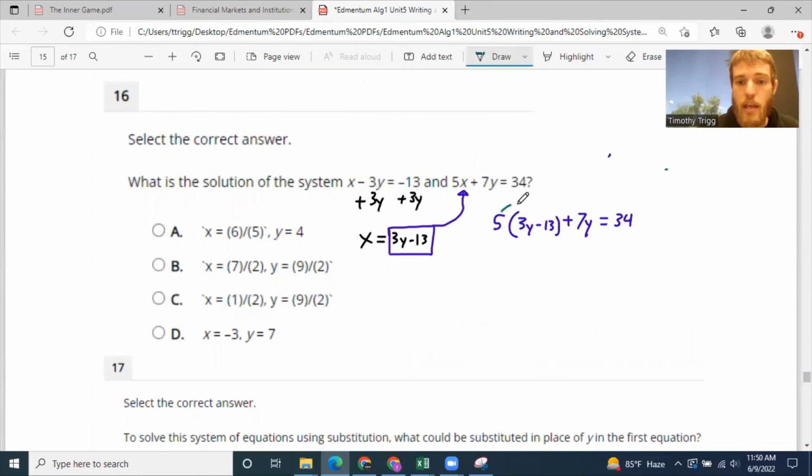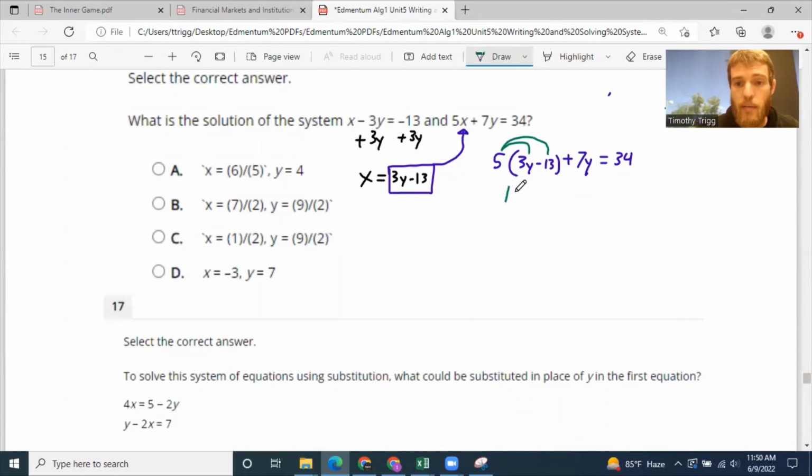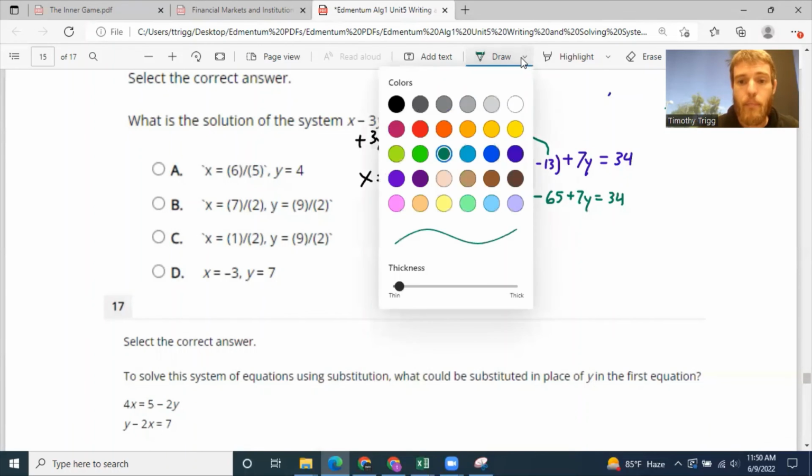Well, hopefully you see I would distribute the 5 into this parentheses, giving us 15y minus 5 times 13 is 65. We still have a plus 7y equals 34. Can we combine anything together there on the left side? Well, yes.